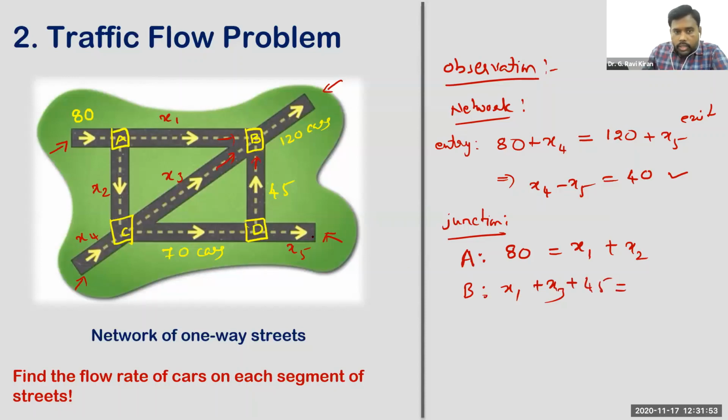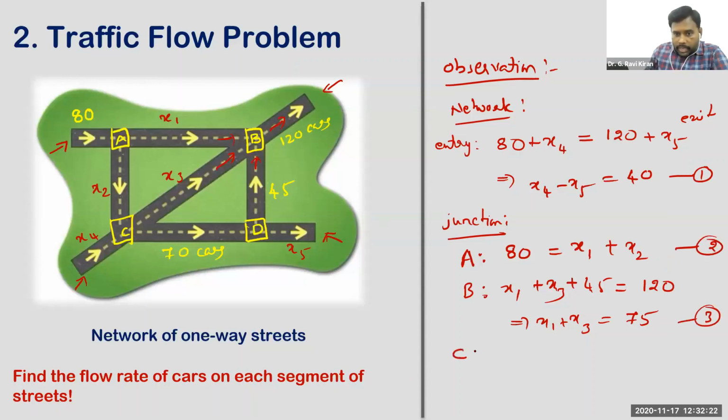And this is equal to how many vehicles are exiting from B. Only in this direction, it is exactly 120. So you can write this as X1 plus X3 is equal to 120 minus 45. It is 75, right? So you got one equation from this and one more equation from here, and you got the third equation here.